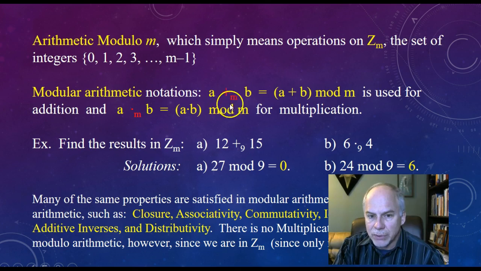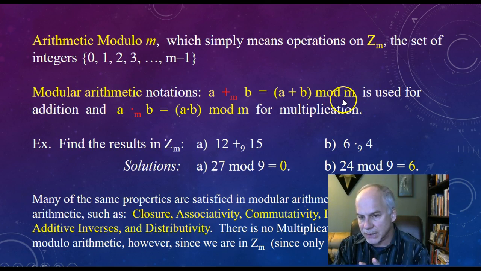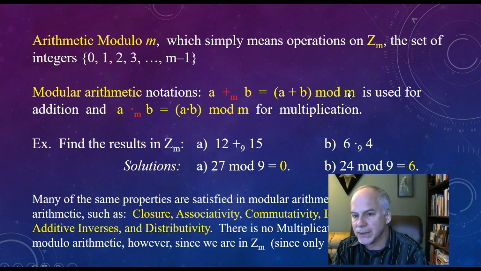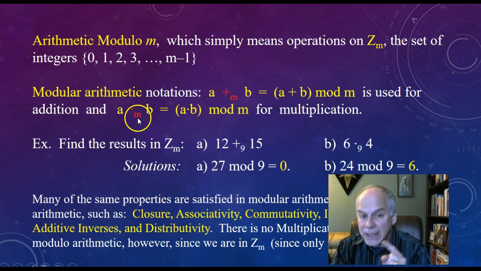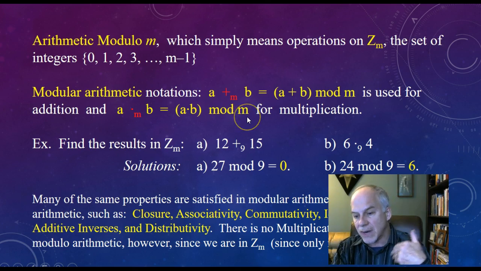Now, we use this symbol that's in red here, plus, and we put the mod kind of as a subscript to indicate we're doing modular arithmetic. And what we're doing is adding a plus b, but figuring out what the mod m is, in other words, the remainder. We're doing a plus b and then figuring out what the remainder is in mod m, whatever m is. And then a times b, we're discussing the remainder when you take a times b and divide it by m.